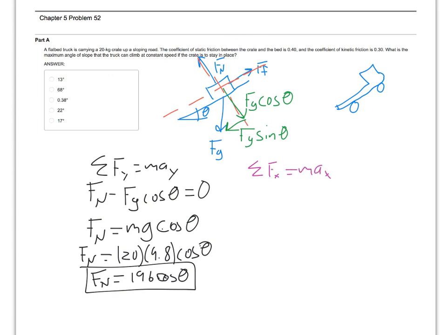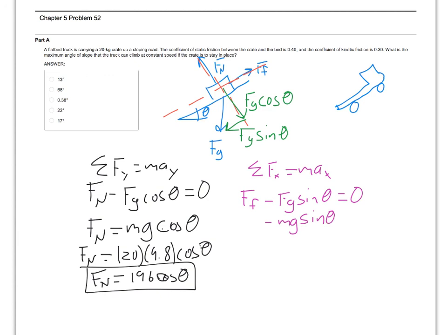In the x direction, setting up my forces as well. I know my acceleration is 0, and so the force Ff minus Fg sine of theta must balance out and add up to 0. And so I can make a few substitutions here. First of all, I can substitute in mg for Fg, as I always do.